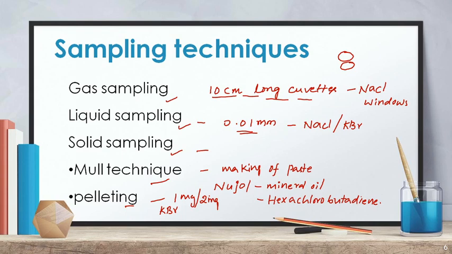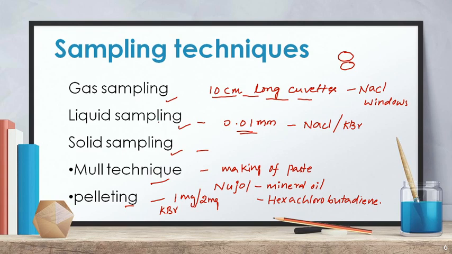The mixture having the solid sample as well as KBr, using the pellet maker, is made into a pellet which consists of solid sample as well as potassium bromide. After you get the fine pellet, the pellet has to be investigated by the source, that is IR radiation.